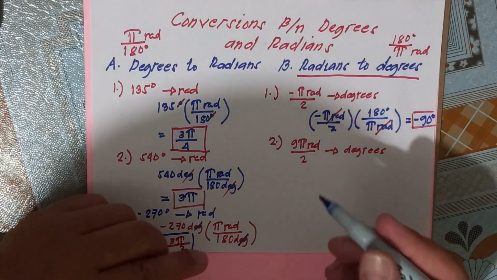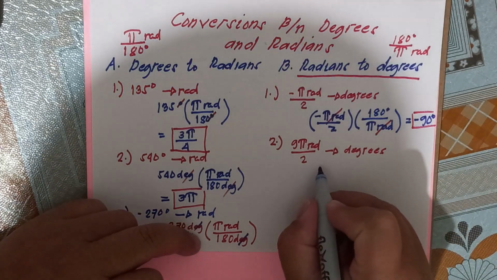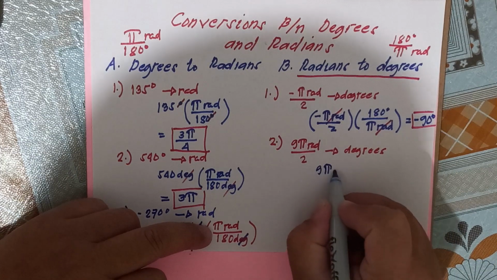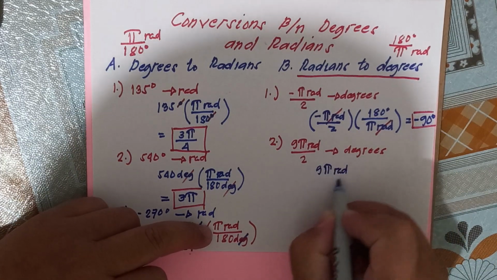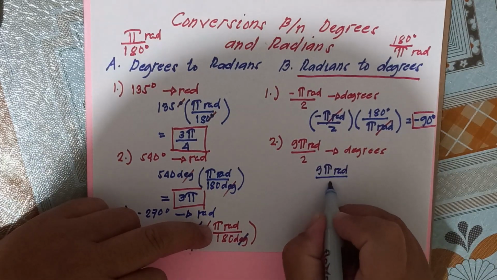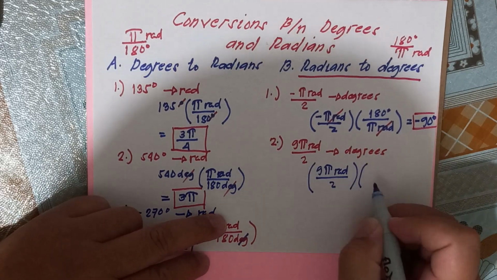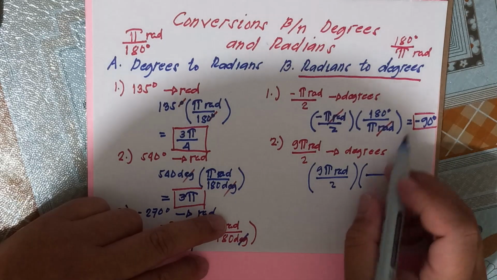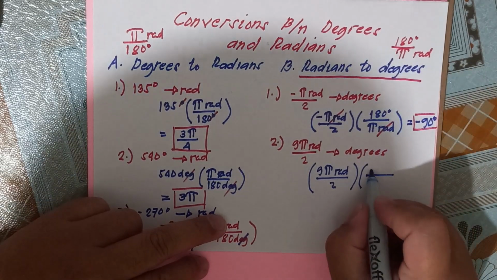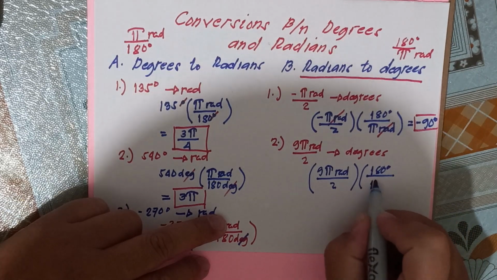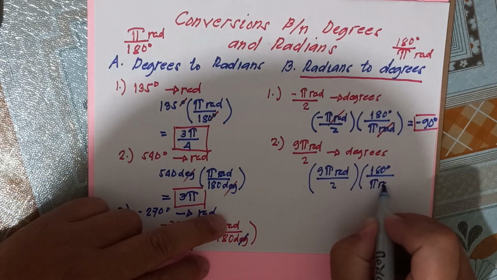Same procedure. You copy the given. What is the given? 9 pi rad over 2. Next, multiplied by what? Our multiplier is 180 degrees over pi rad.